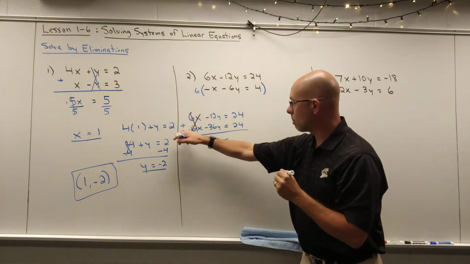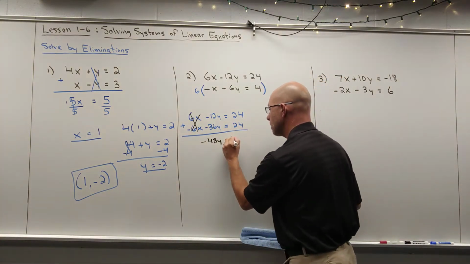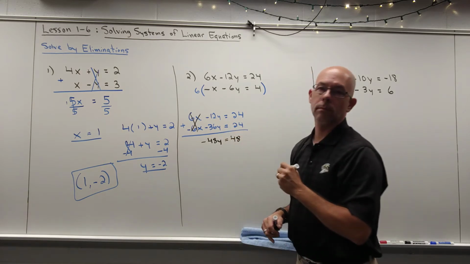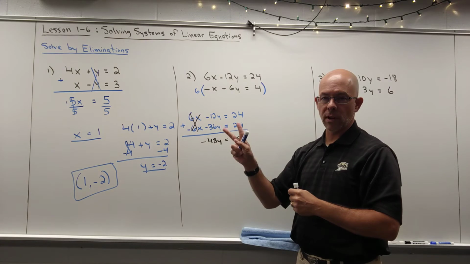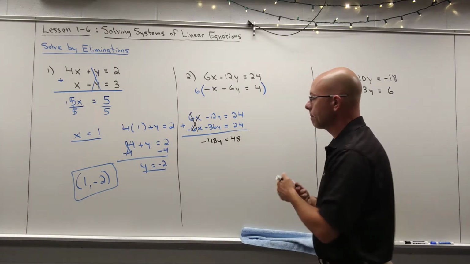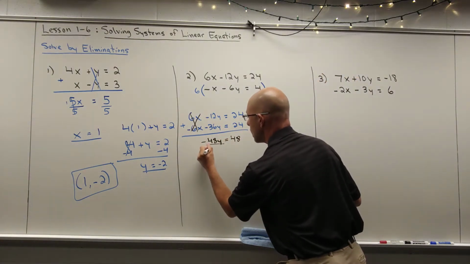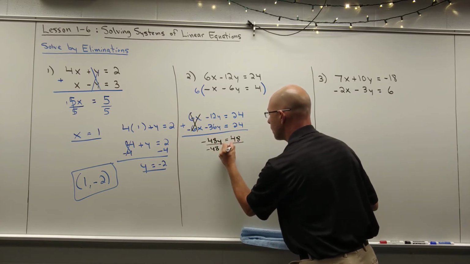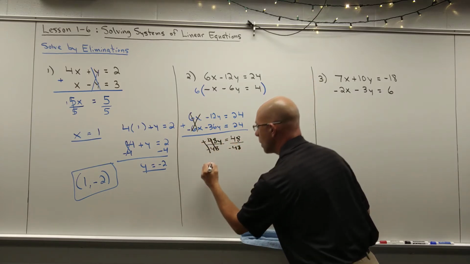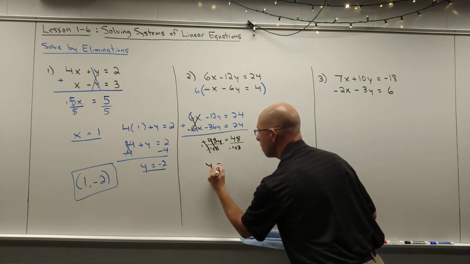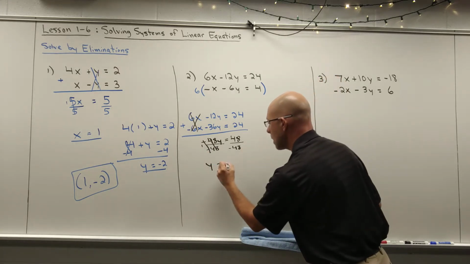And this is 24 plus 24, or 48. We again have one equation with one variable. I can solve that. Divide both sides by negative 48. Negative 48 divided by negative 48 is 1, 1y. 48 divided by negative 48 is negative 1.